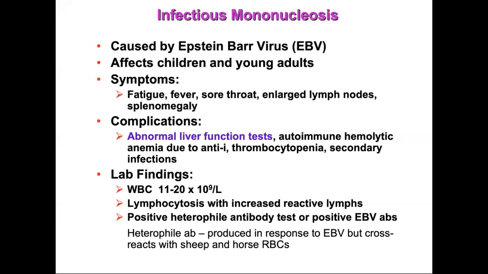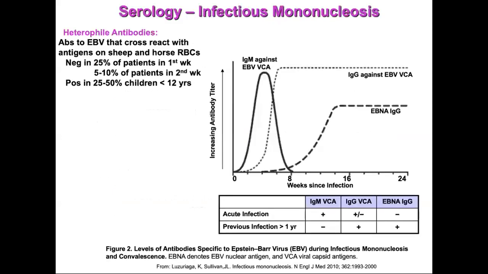The heterophile antibody is produced in response to the actual virus, which is EBV, right? So these cross-react with the sheep and horse red cells on the reagent that you employ for this particular test.